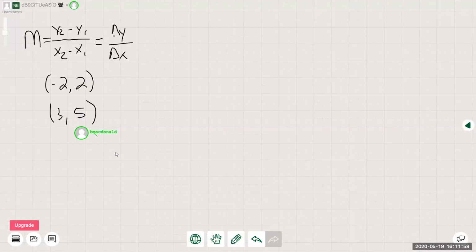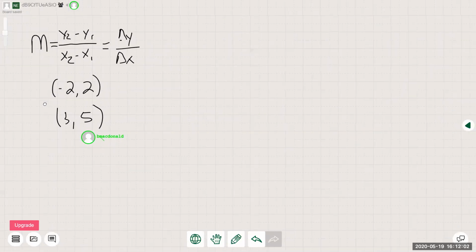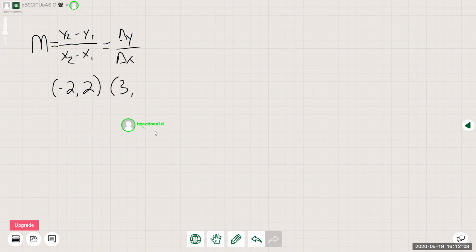Let me change that there. We'll put it next to it because we can find out the variables better this way and how they correspond.